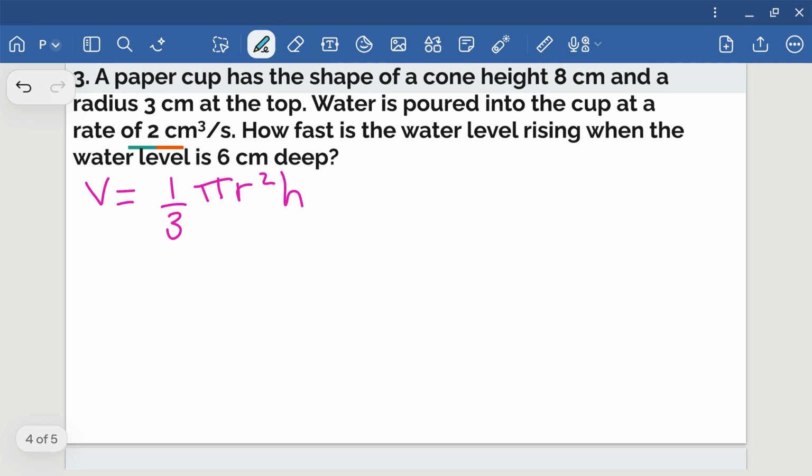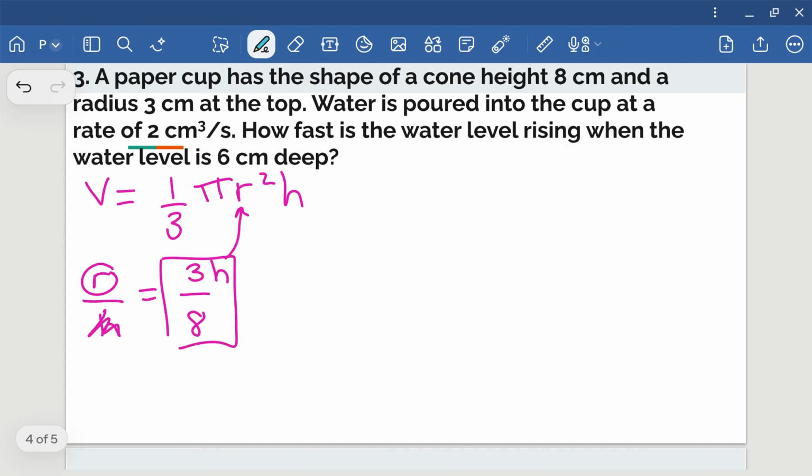And we can do that by relating a ratio of radius over height, and that is 3 over 8. So if we look at similar triangles, as that water level changes, the radius and height are going to change, but at a related ratio. So if I isolated r by multiplying the h to the other side, I now have r in terms of h, and I can replace that value in.